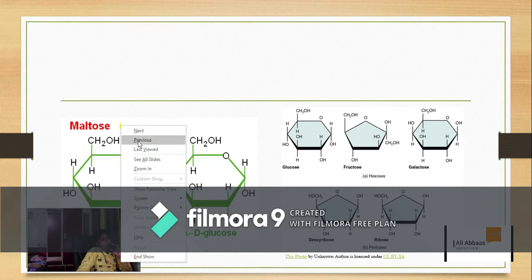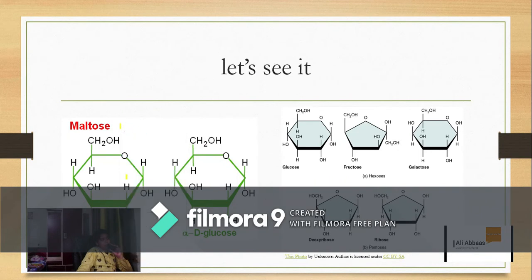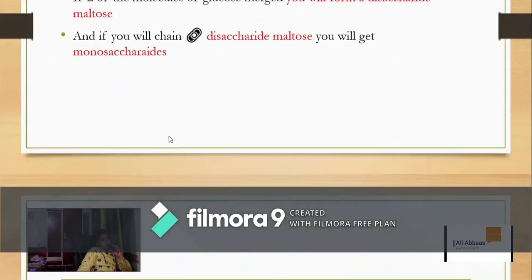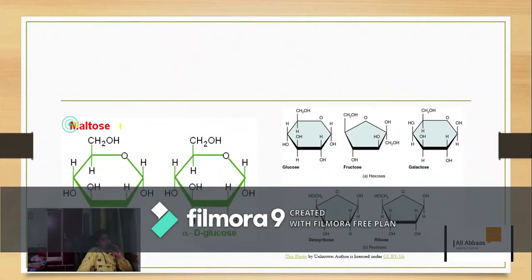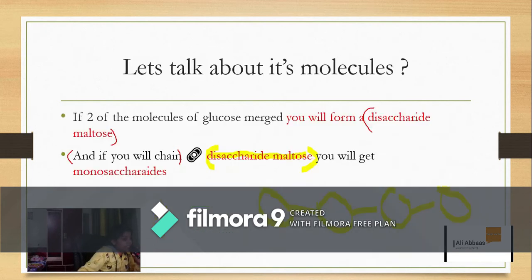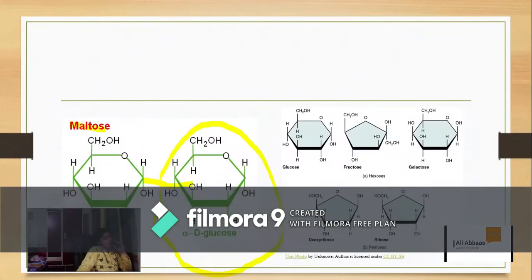Next, let's see something about this. It's the real picture. So it's a disaccharide maltose. It's a molecule of glucose. Just that much is a disaccharide maltose, and if you bond these both, you will get a monosaccharide. These both are monosaccharide, but that alone is disaccharide maltose.